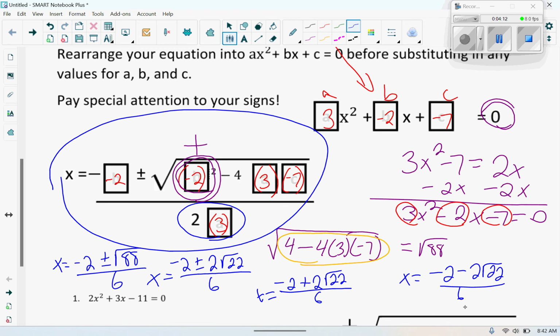So this actually represents a hideous number. It's just not very user-friendly. So let's go ahead and type that in and see what we get. Okay, so for this first one, I get about 1.23, and then I'm going to do the same thing over here.